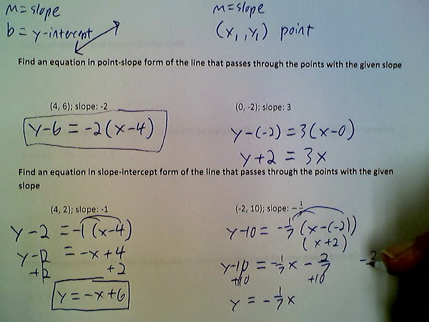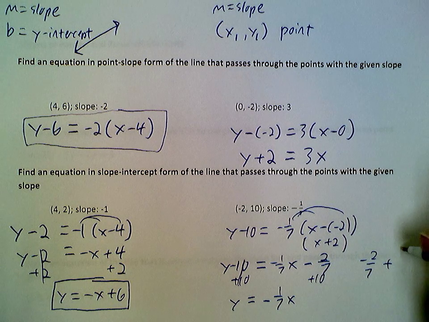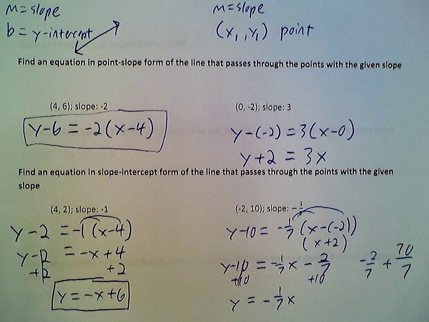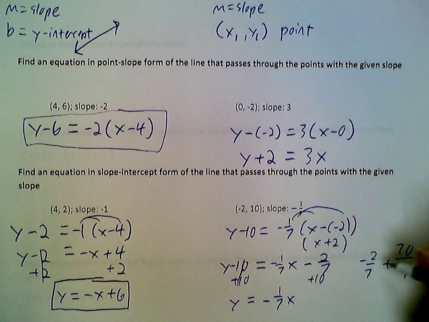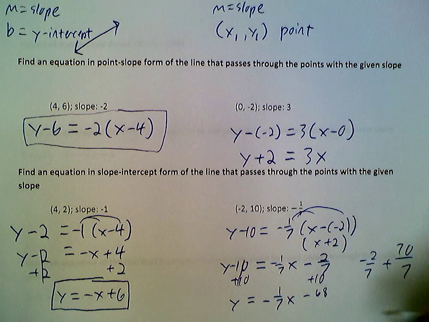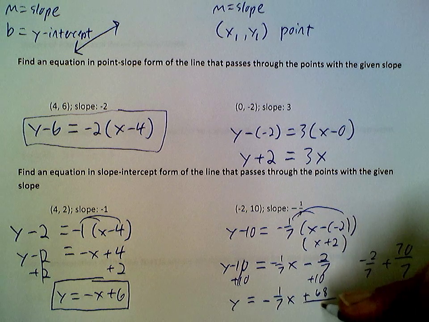So negative 2/7 plus 10: 10 with a denominator of 7 is 70 over 7, because you have to multiply. So negative 2 plus 70 is positive 68, over 7.